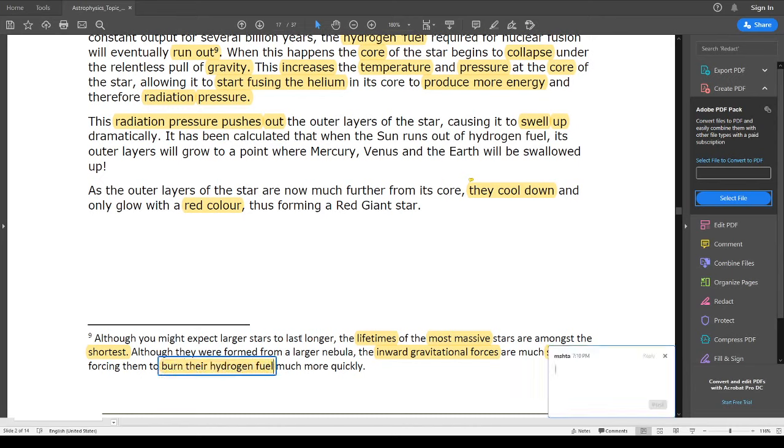Here burn means fusion, nuclear fusion. So they burn their hydrogen fuel much more quickly. You understand?